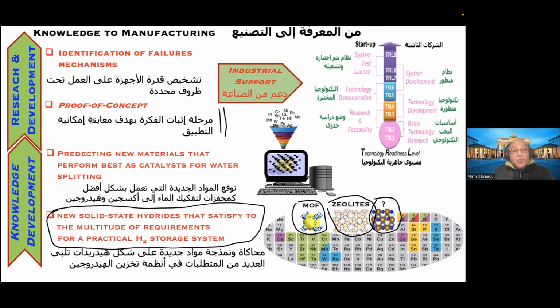When you have your proof of concept, you have to identify how good this catalyst is under a harsh environment. Or for example, when you are looking for hydrogen storage, you have to find a catalyst which gives good results at room temperature.